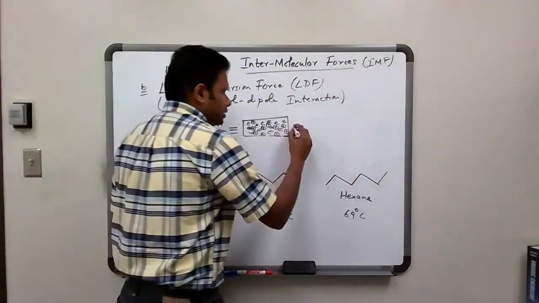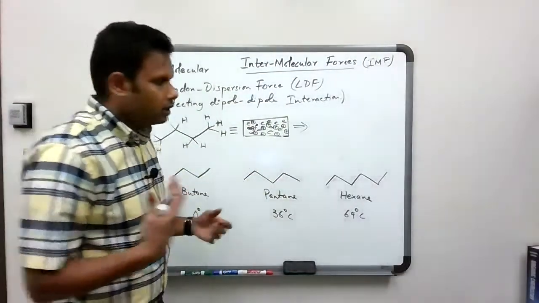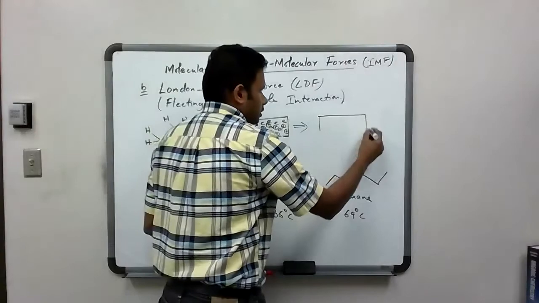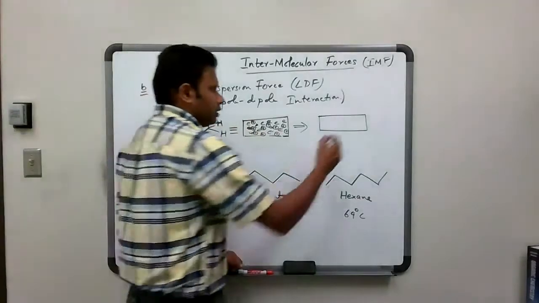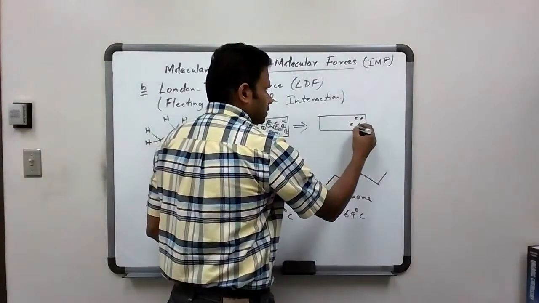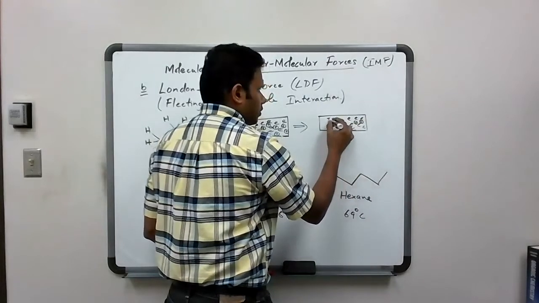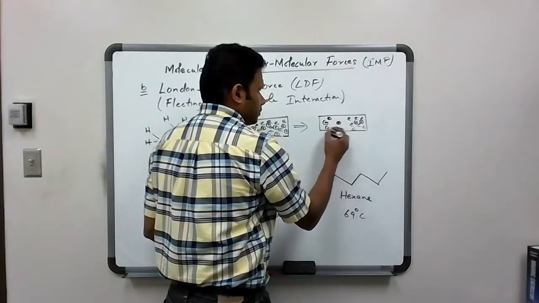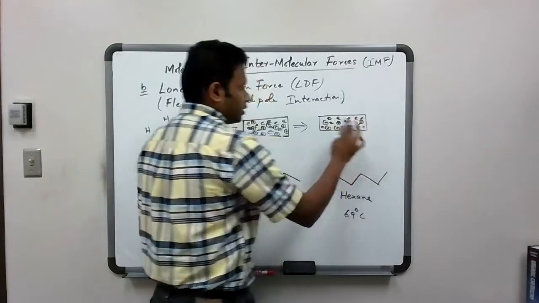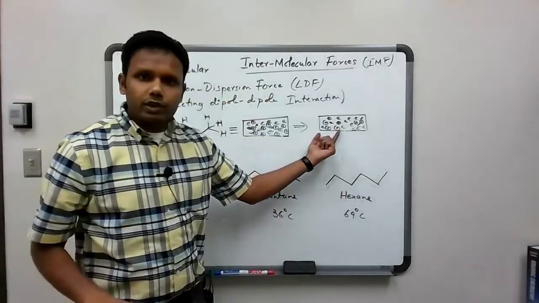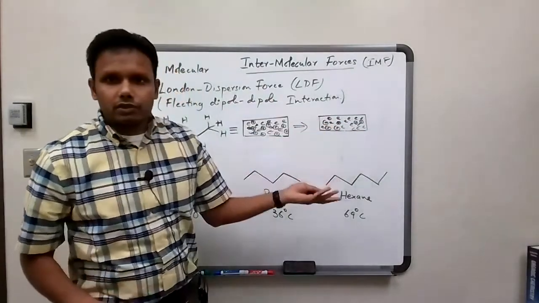While the electrons are moving around, it is possible that this box becomes a little uneven, so that most of the electrons are concentrated on one side, and there are fewer electrons on the other side. The E represents the electron, the positive charge represents the nucleus.